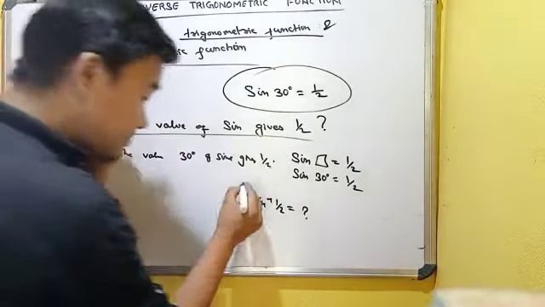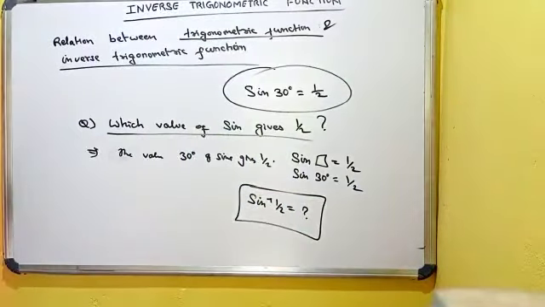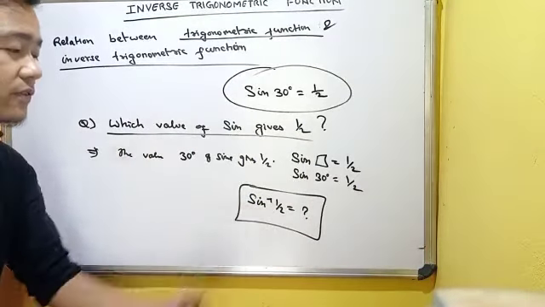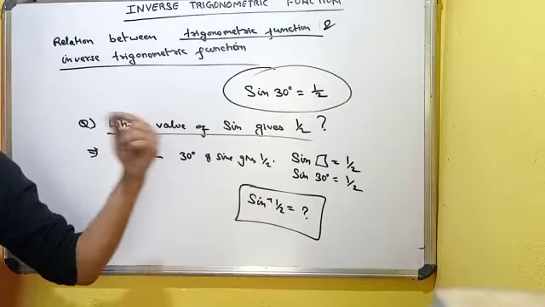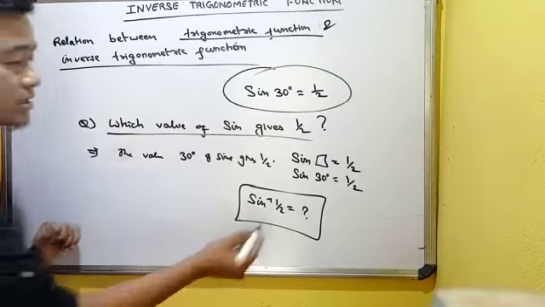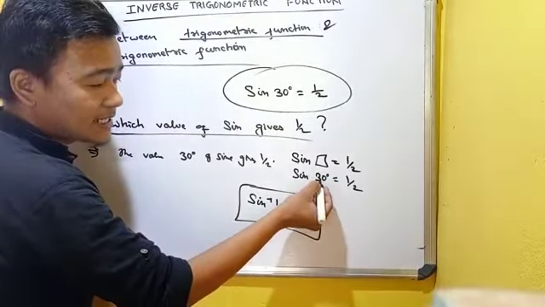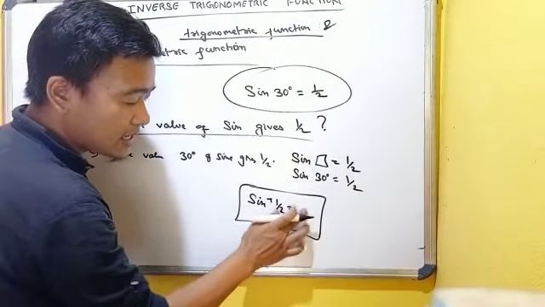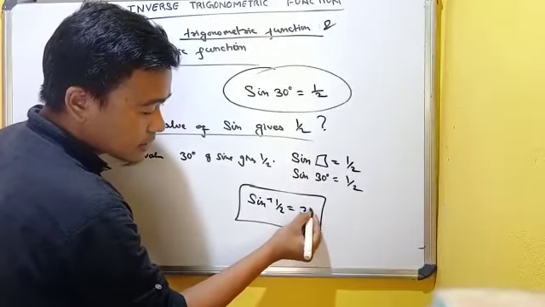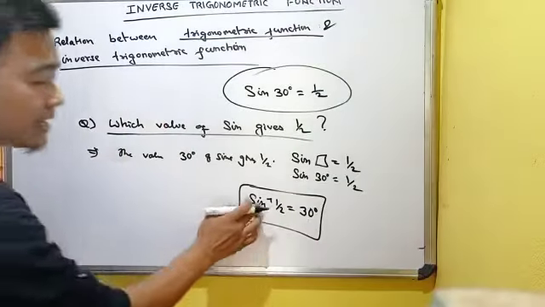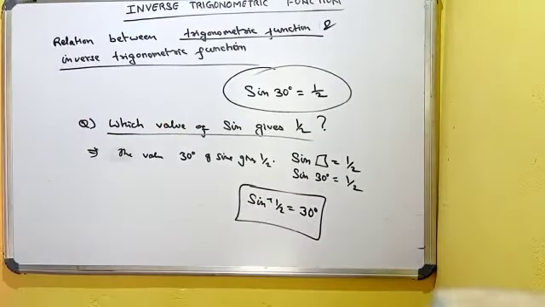So this is the actual mathematical representation of this question, which value of sine gives half. Since we know that sine 30 degree gives half, here you can easily write 30 degree. So sine inverse half is equal to 30 degree.